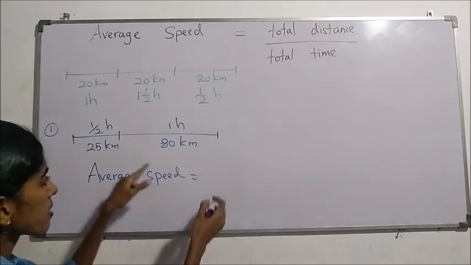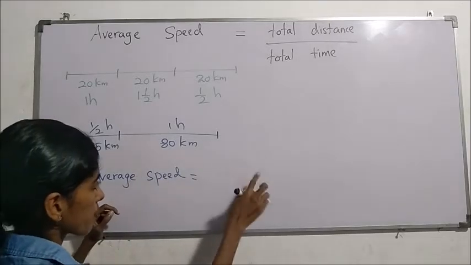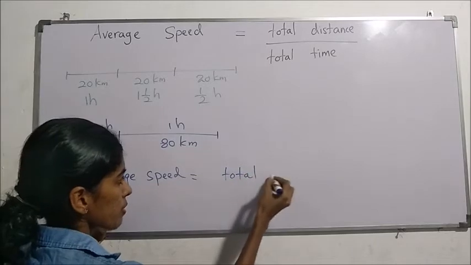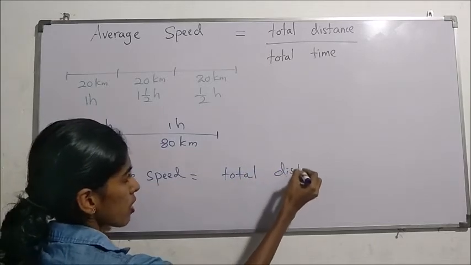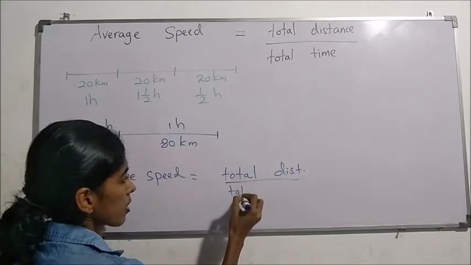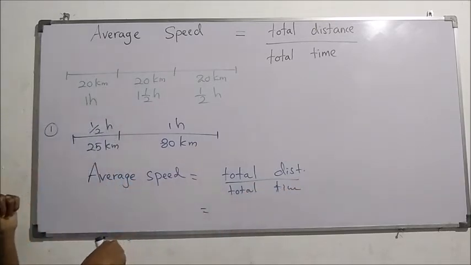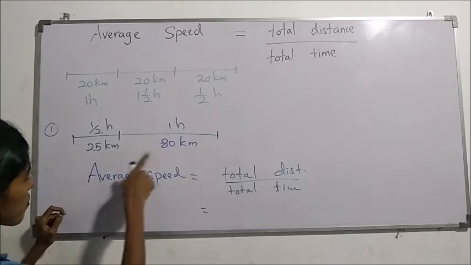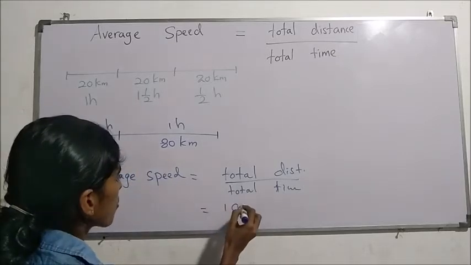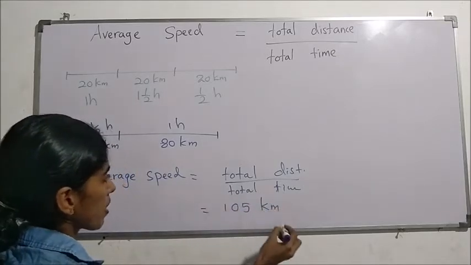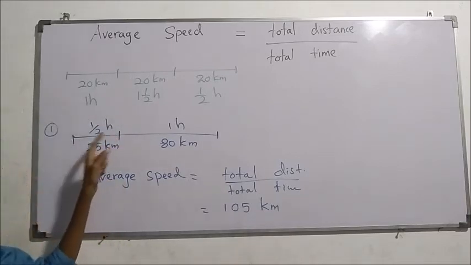Firstly, we will write the formula: total distance divided by total time. So what is the total distance here? 105 kilometers, right? It should be divided by what? 1.5 hours.